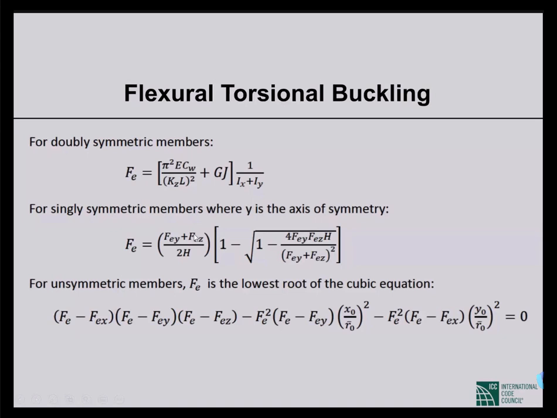For singly symmetric ones, we have this FZ. And in the completely unsymmetric case, we have everything. So the formulas look complicated. Actually, now all the designs are automated. The software is supposed to deal with this, but you have to have the understanding.